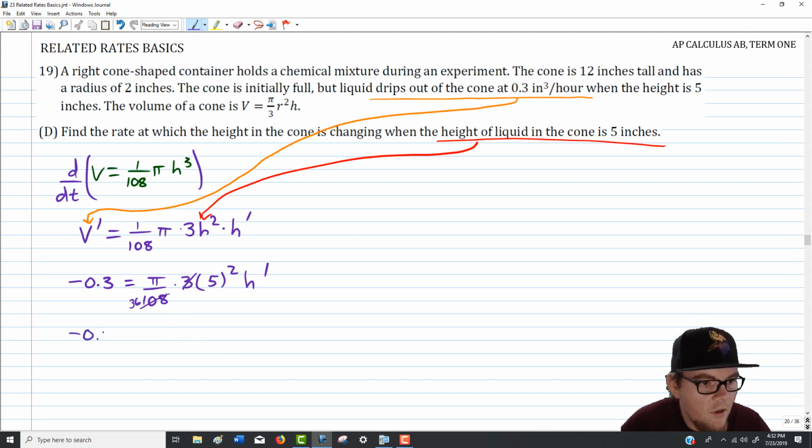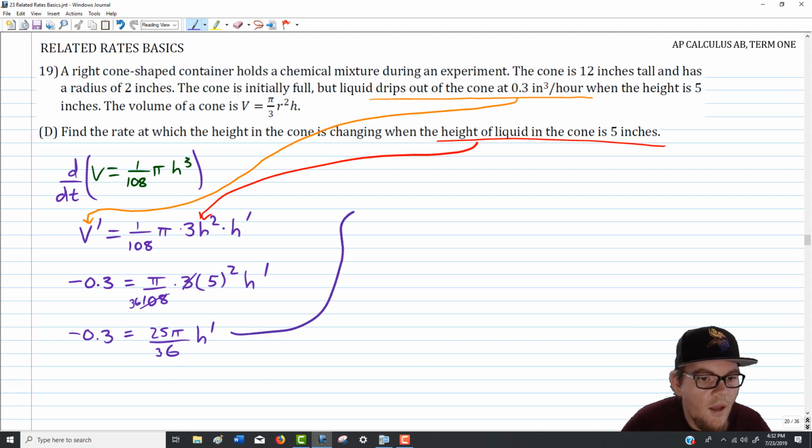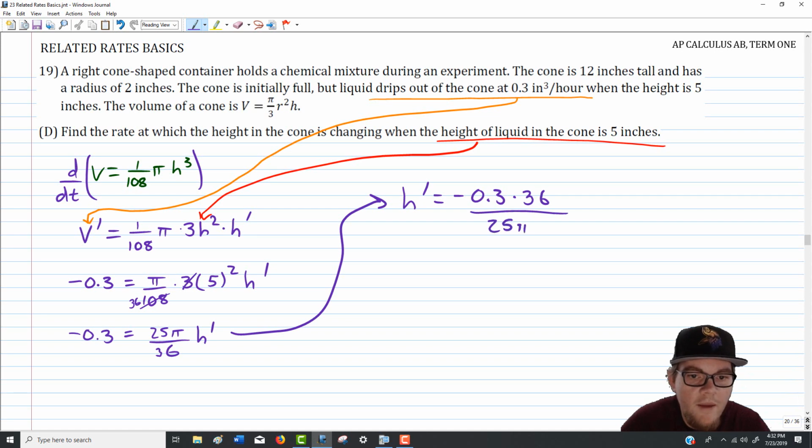We're going to have negative 0.3 is equal to 25 pi over 36 times h prime. And last but not least, that's going to allow us to solve this equation pretty nicely. We're going to get h prime equals negative 0.3 times 36, all divided by 25 pi.